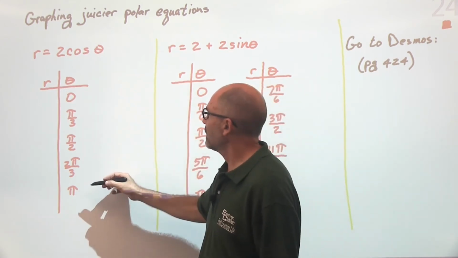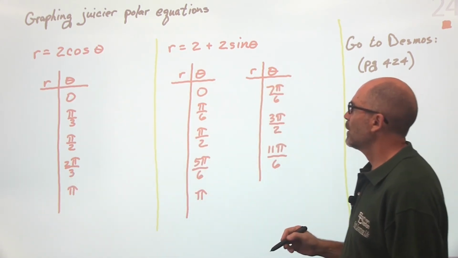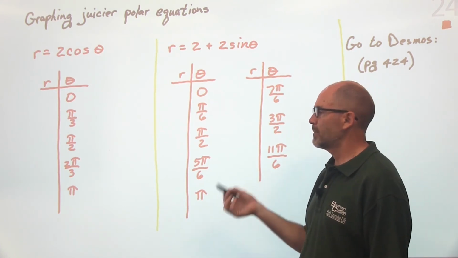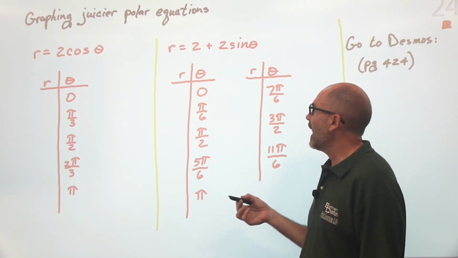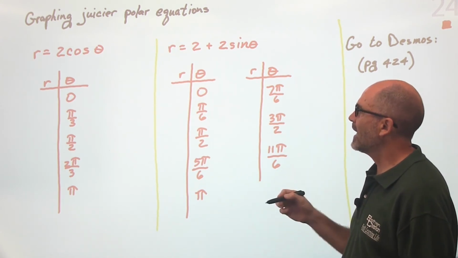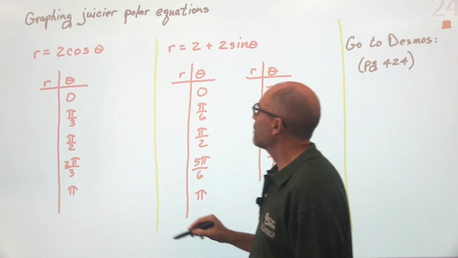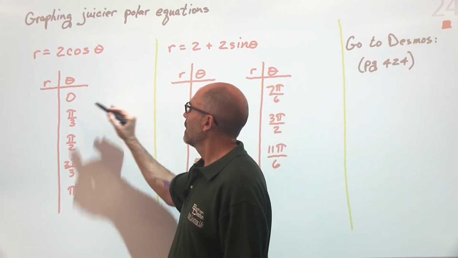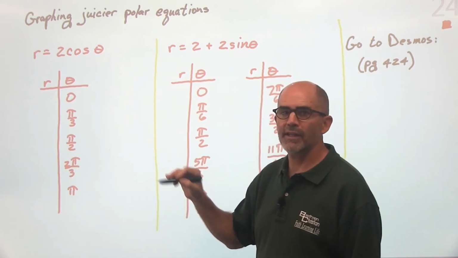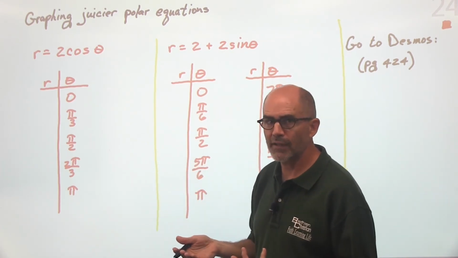We're going to pick thetas and find r's. So, fortunately, I know my special triangles. And what I'm going to do here is pick the angles that are simple. In other words, I don't want to pick pi over 6 because cosine of pi over 6 is square root of 3 over 2, and I don't want to have to get decimal equivalents.